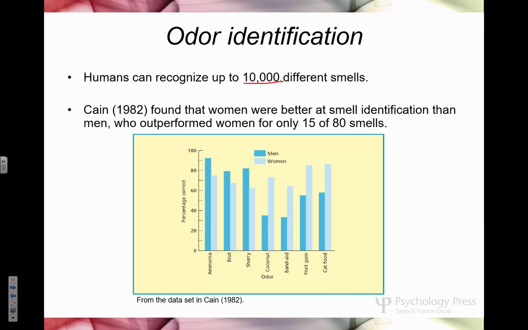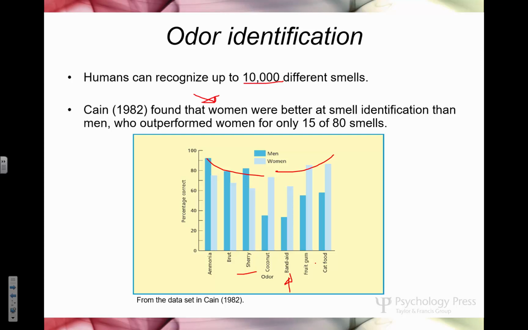However, females tend to do just a little bit better on odor identification, which is kind of interesting. So we're slightly better at identifying odors such as ammonia, and the men's list includes things like brute and sherry. But when you get over to women, interestingly, my favorite odor is Band-Aid.